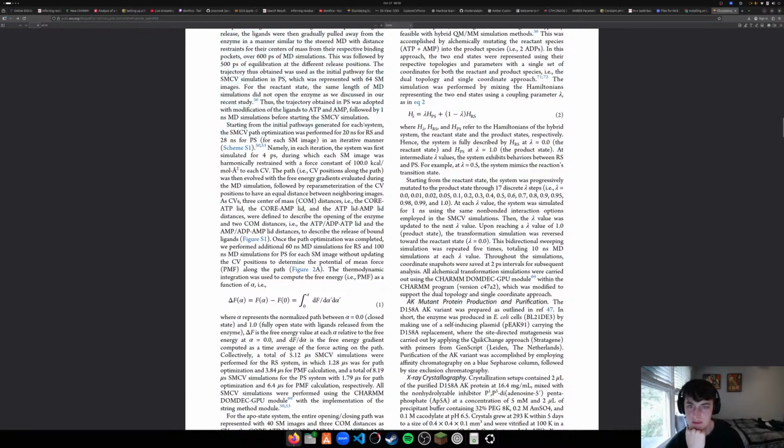Starting from the initial pathways generated for each system was performed in an iterative manner. Namely, in each iteration the system was first simulated, during which the SM images were harmonically restrained with force constants. Okay, I don't really understand that.